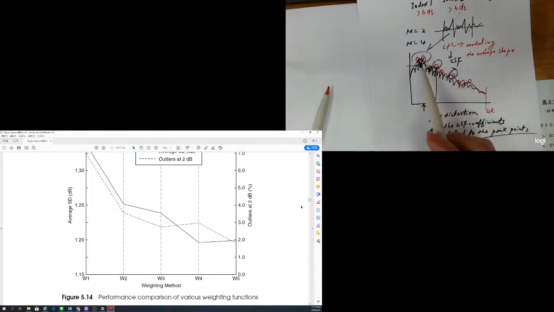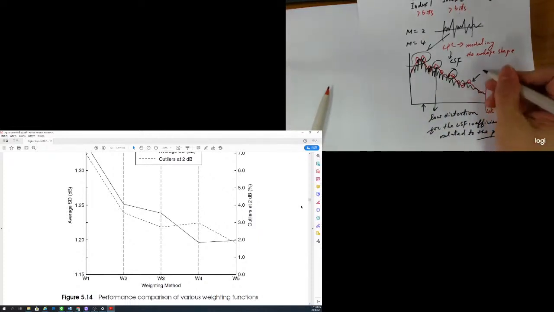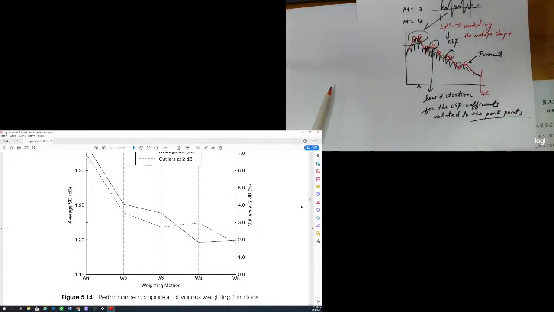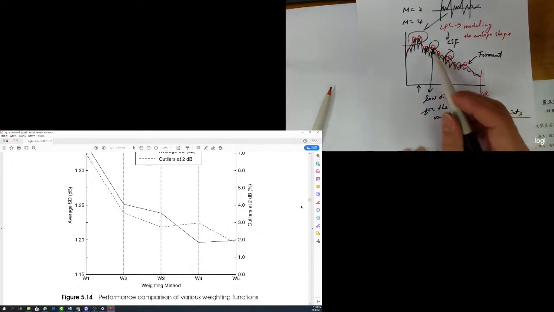We try to find the peak point because we are using an all-pole model. The all-pole model tries to keep your peak point, and the peak point is related to your formant. We call this one a formant. So we try to make sure we keep the formant, so these line spectrum coefficients have low distortion.